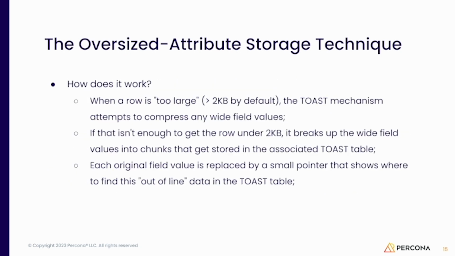So how does it work? Well, when the row is too large, larger than 2 kilobytes by default, the toast mechanism will create the file and it will be attached or linked to that page. So every time that you write something that needs to be toasted, it goes there. The toast is also stored in blocks, but the blocks are just a linked list.